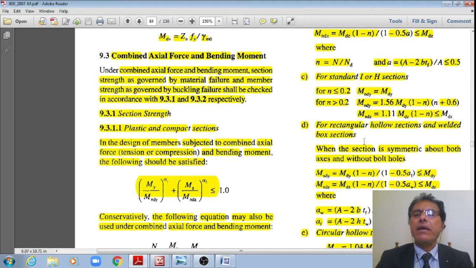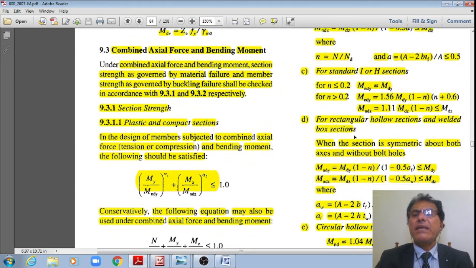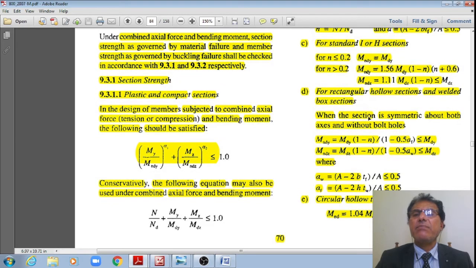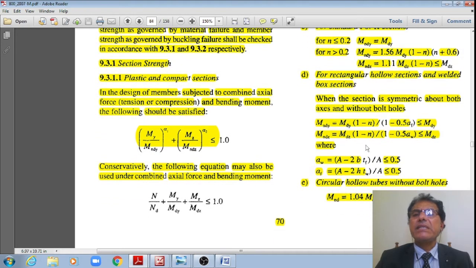For rectangular hollow sections and welded box sections, when the section is symmetric about both axes without bolt holes, Mndy is equal to Mdy multiplied by 1 minus n divided by 1 minus 0.5 alpha f, should be less than or equal to Mdy.